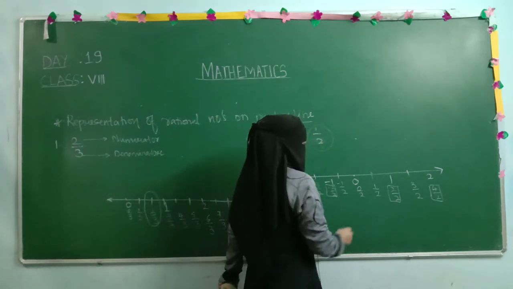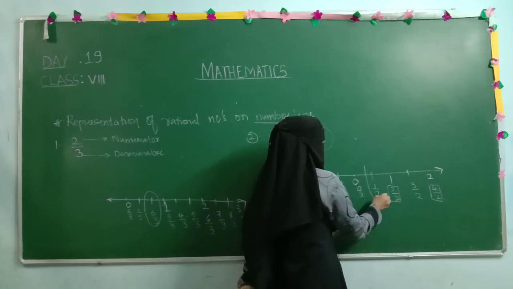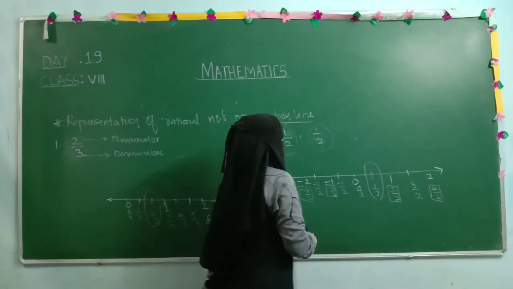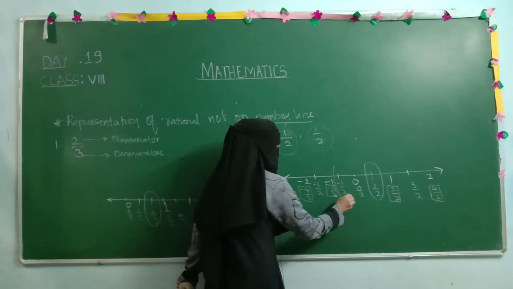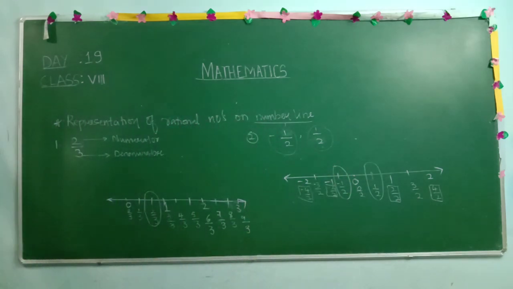Where is 1 by 2? Yes, exactly, it is between 0 and 1. So this is your 1 by 2 and this is your minus 1 by 2. Is this clear? So this is the way of representing rational numbers on the number line.